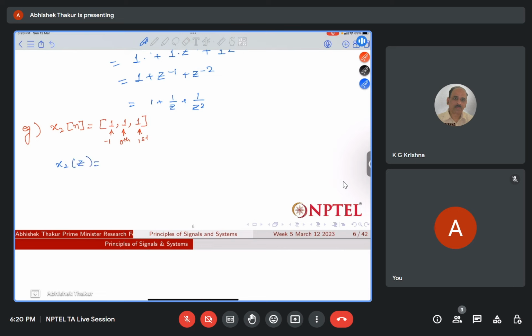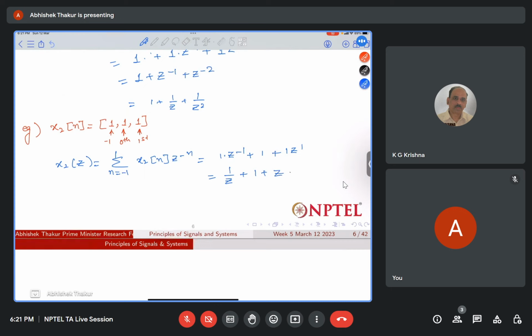This time the summation n will be from minus 1 to 1 of x2[n] z to the power minus n. So for n equal to minus 1, it will be 1 into z to the power minus 1, plus 1 into z to the power 0, that is 1, plus 1 into z to the power 1. So it will be 1 by z plus 1 plus z.